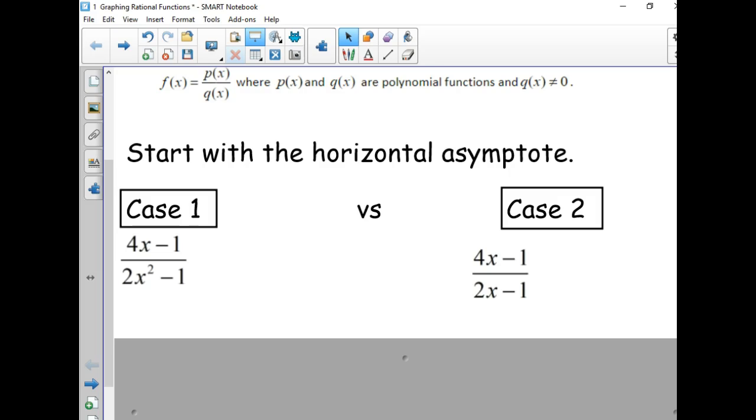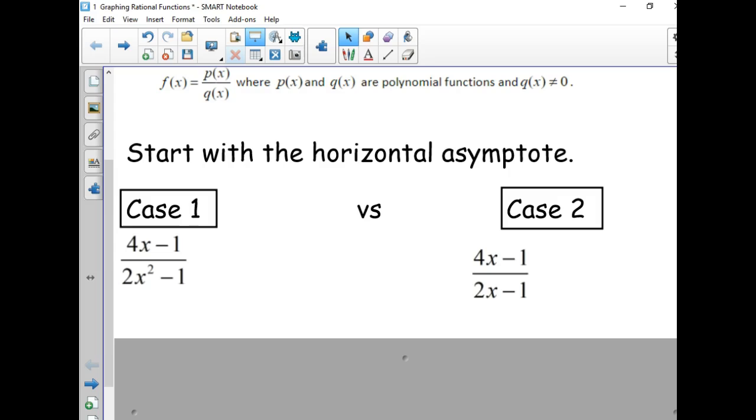What do you notice? You can raise your hand now if you notice something. Matthew, what do you notice? Yeah, case 1 has squared and case 2 doesn't. And do you remember what we call the highest exponent in a polynomial? Close.